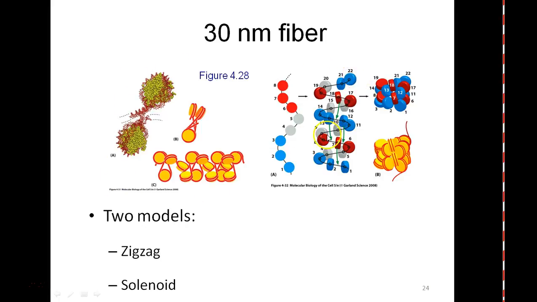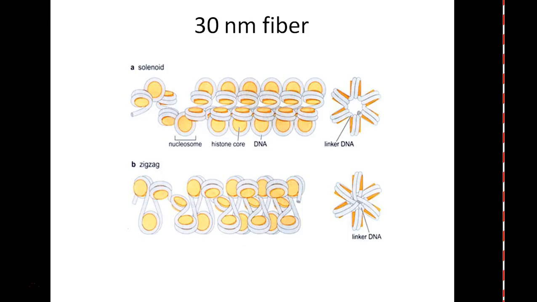And this is a different view. The 30 nanometer fiber can be organized under two models: the zigzag and the solenoid model. Depending on how the nucleosomes are packaged, there is a difference between the zigzag and solenoid. Here's a different view, so maybe this will help you distinguish between them.